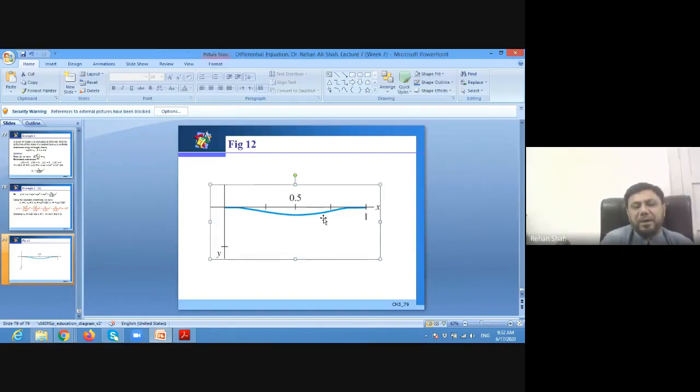If length is 1, you see that as you are moving away from the ends, the bending increases. So at the center, as you are moving away from the support, the bending of the beam increases. So actually you need to fix it also from the center, you need to give support at the center to avoid this bending.